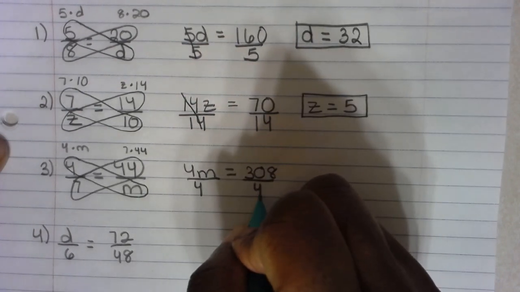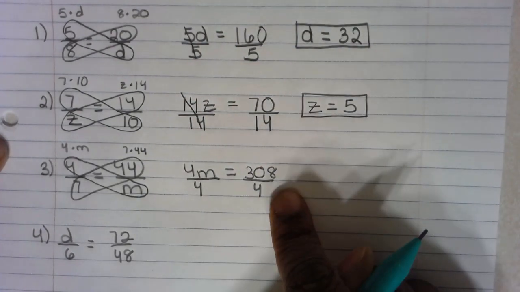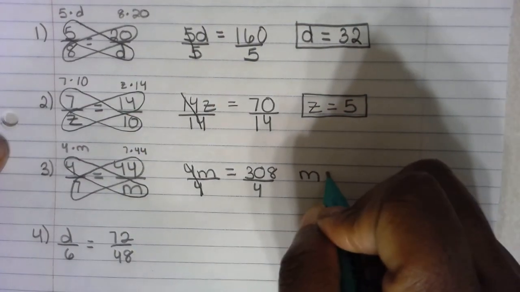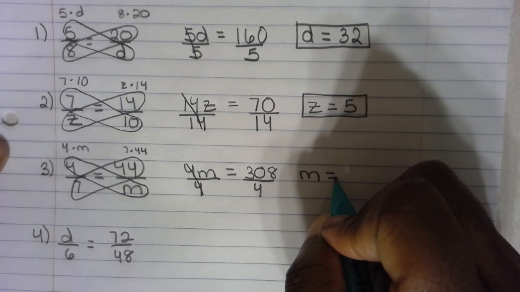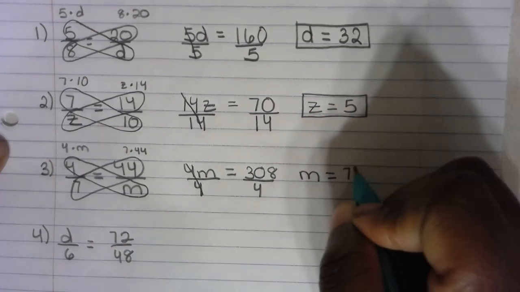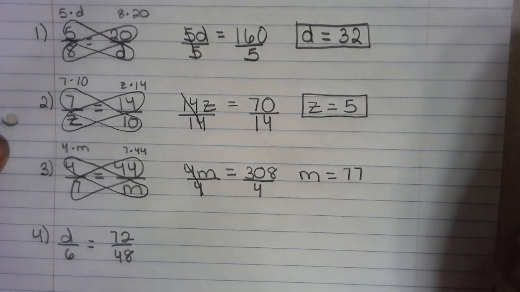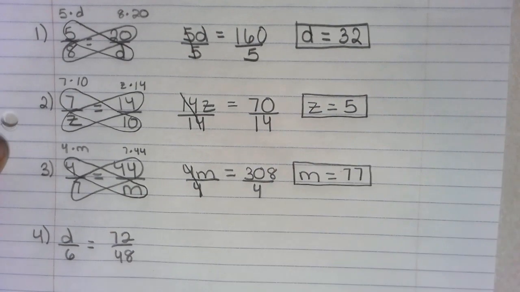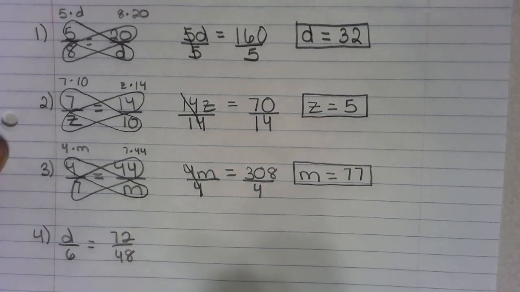What you do to one side, you have to do to the other. M equals what? 77. Box your answer.